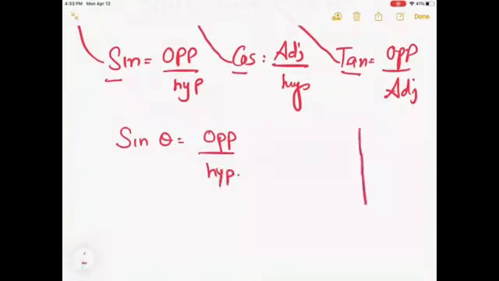But let's say you're looking at a unit circle and a triangle like this, and let's say the angle theta is here. If I look at my opposite side for this angle theta, opposite means I'm talking about the y-axis. If I look at the adjacent side, it means I'm looking at the x-axis. And hypotenuse, which is this whole side here, is in reference to a unit circle.